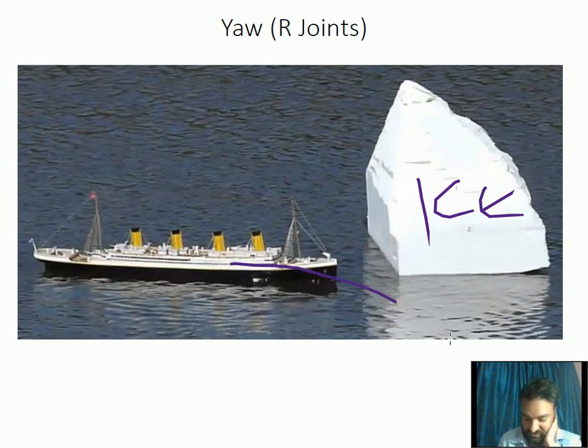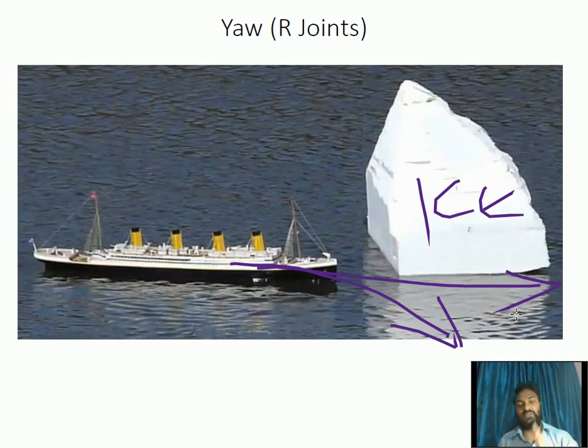You will try to take your ship this way, so you are shifting your ship, changing the direction from left to your right. So this is the concept of yaw, and that again utilizes the rotational type joint or rotate joints. Okay, so yaw is kind of this way.